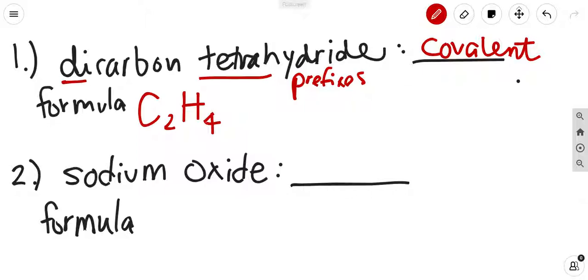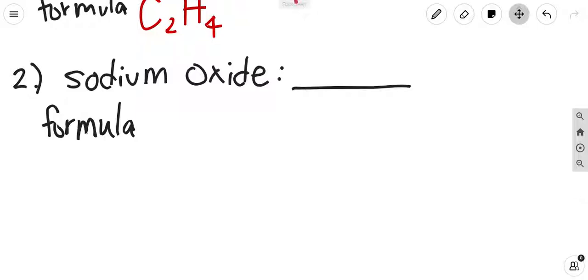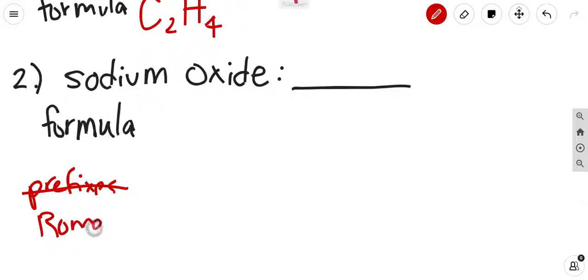All right, so in investigating number 2, I'm going to start from the bottom. Do I have prefixes? No, it's just sodium oxide. Do I have Roman numerals? Nope.